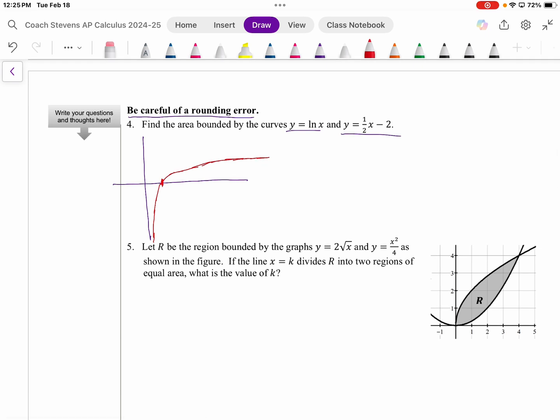Okay. Y equals 1/2 x minus 2. There's y is equal to 1/2 x minus 2.